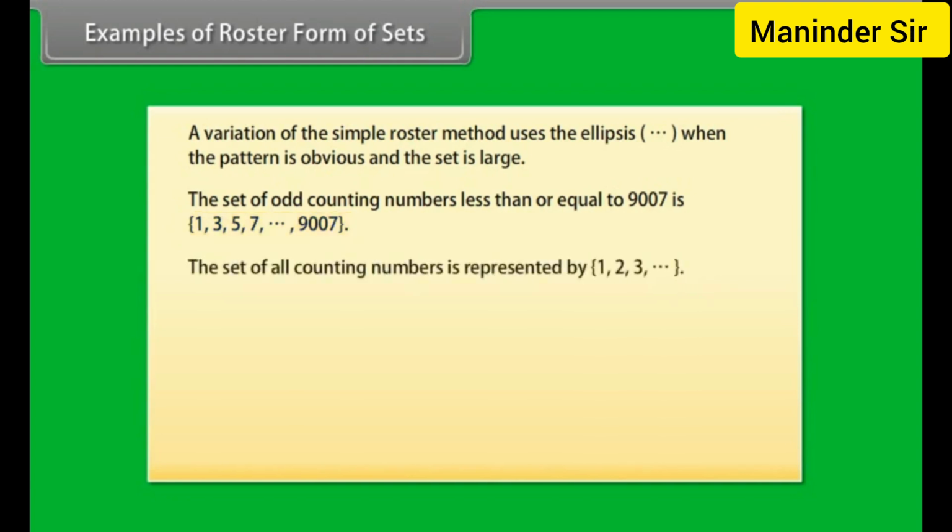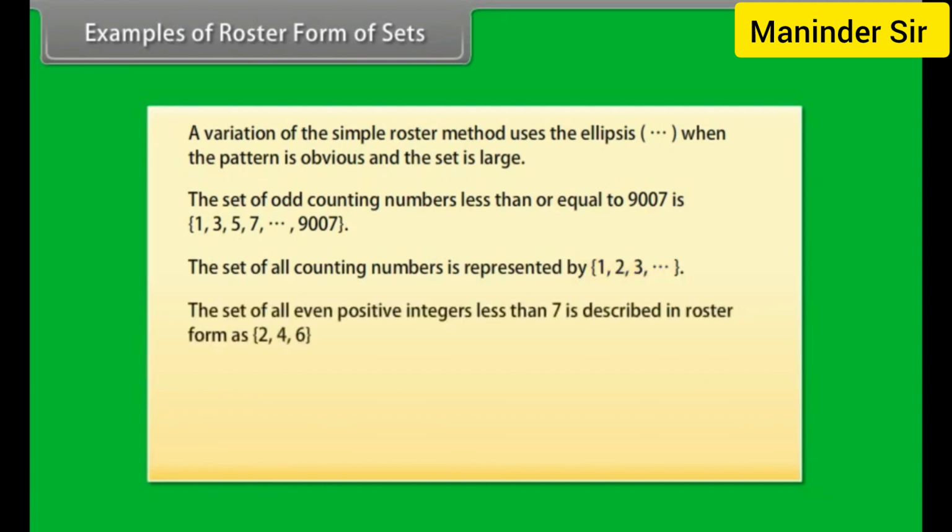Set of all counting numbers is represented by {1, 2, 3, ...}. The set of all even positive integers less than 7 is described in the roster form as {2, 4, 6}.